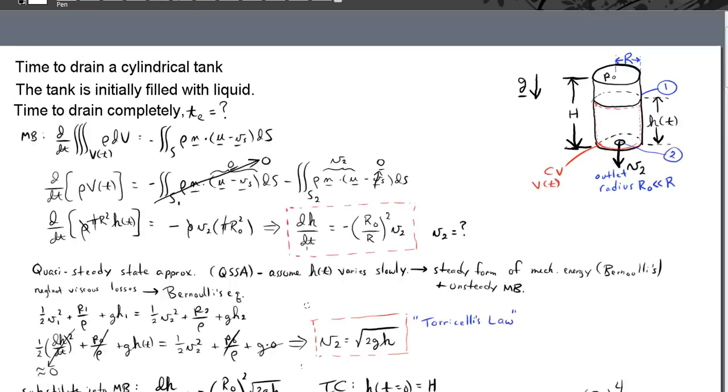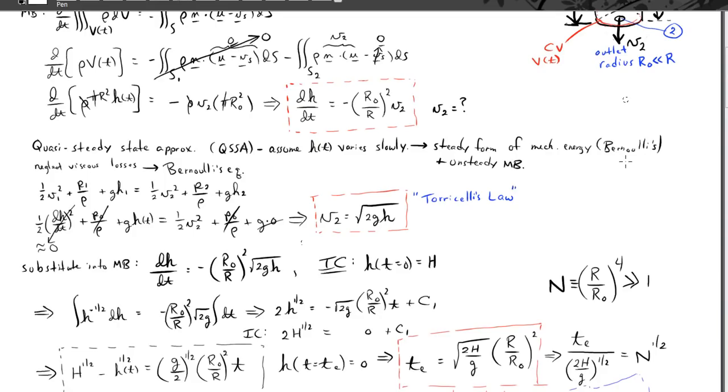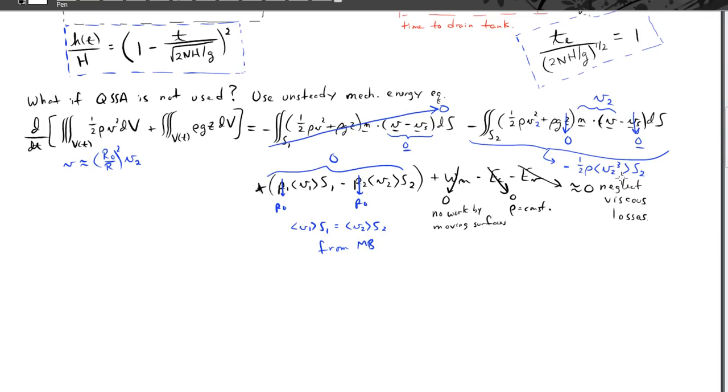And once again, we have that by saying we'll assume everything moves downward with the same velocity. The velocity of the top surface is dH/dt, and that's the same as R0 over R squared times V2 with a minus sign, but we're going to square it, so it doesn't really matter. So that's where that term comes from.